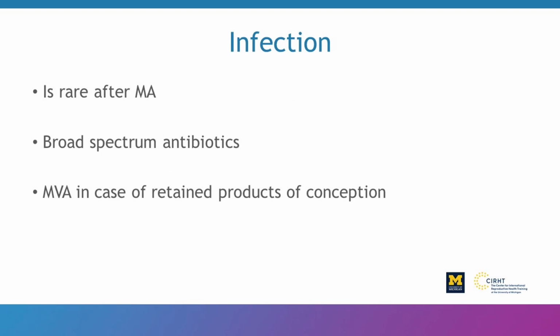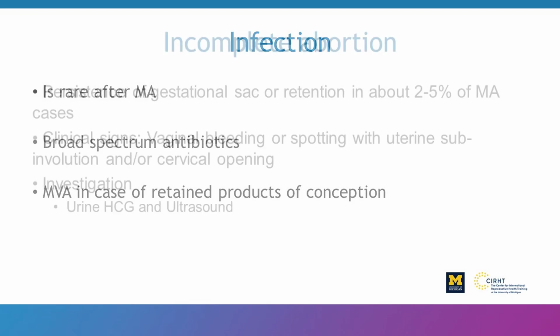So infection with medical abortion is extremely rare. Even so, it is not indicated to use prophylactic antibiotics with medical abortion. But it can be treated with broad spectrum antibiotics, or if there are remaining parts of a fetus, one can consider doing manual vacuum aspiration.